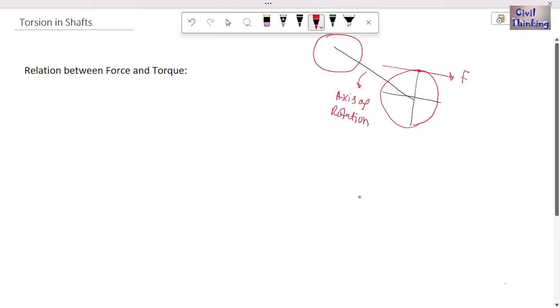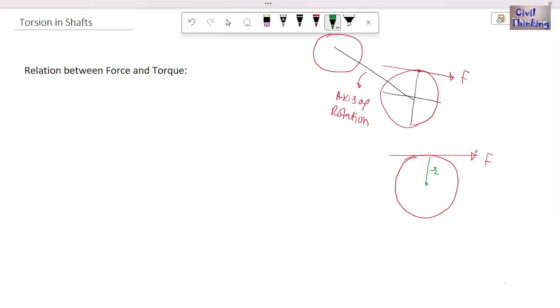Now what is the relation between torque and torsion? To illustrate this, let me draw the diagram again. Let us say this is the tangential force F, and R is the radius. Now what is torque?